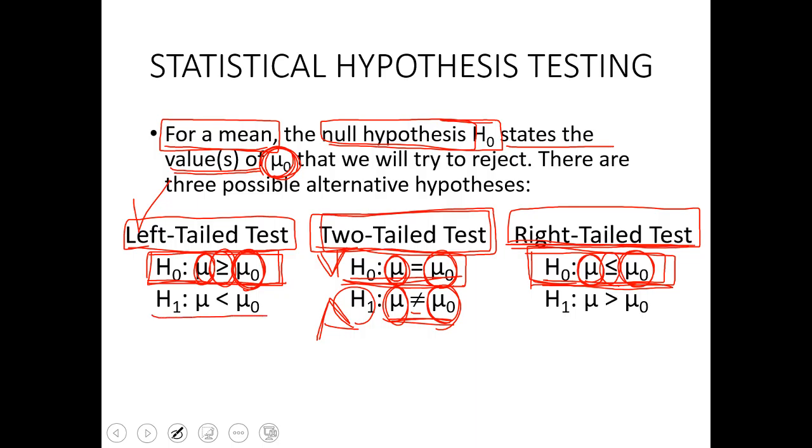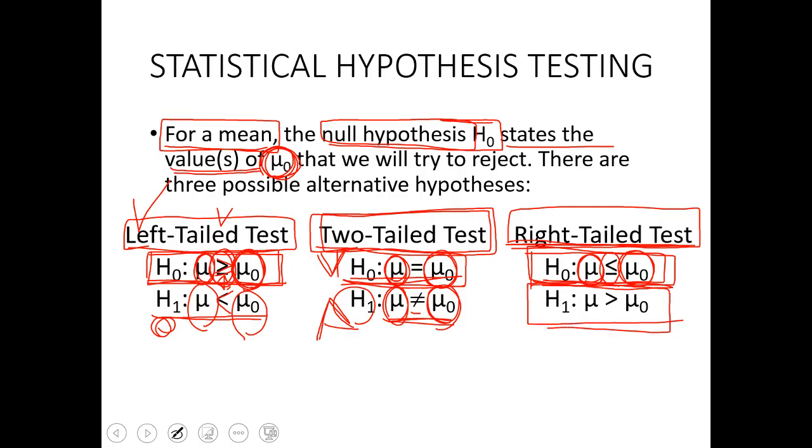The alternative hypothesis for the left-tailed test should be opposite. The direction is opposite. The null says mu is greater than or equal to mu 0, but the alternative hypothesis says that mu is strictly less than mu 0. And here is the right-tailed test alternative hypothesis.